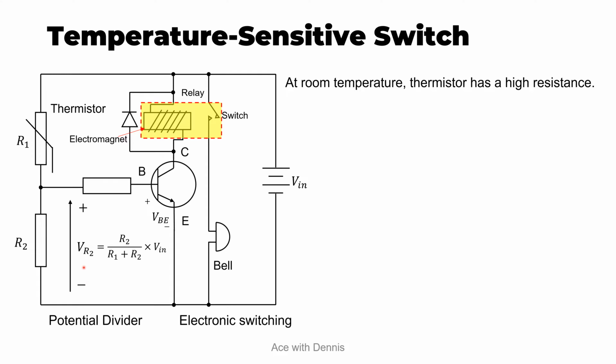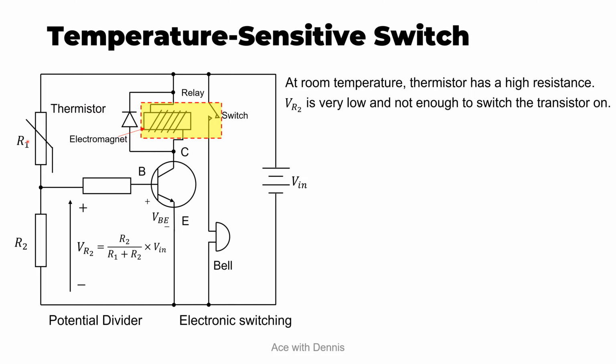Now let's look at this formula. As you can see, R2 and Vin are constants because R2 is a fixed resistor and Vin is the EMF of the battery. The only parameter that we change is R1, the resistance of the thermistor. At room temperature, the thermistor has a high resistance.